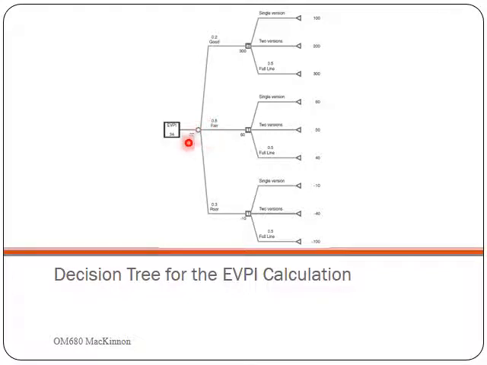We subtract our original value from it, and we get 34, our expected value of perfect information. It's a little bit confusing. EVPI, EPPI. EPPI is the payoff, and EVPI is the difference between the perfect payoff and our original calculation.